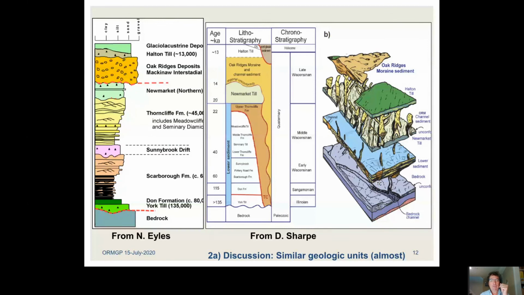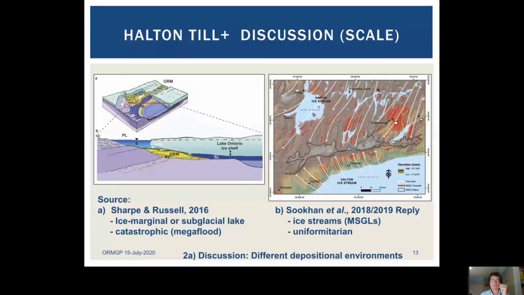But the point of the matter is, in general, and I'm saying almost here, in general, there is generally agreement about the units that exist. Okay, their extent may be in dispute, but for the most part, we can use the nomenclature and feel comfortable with it.